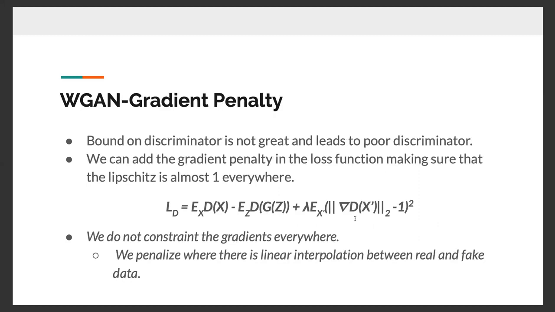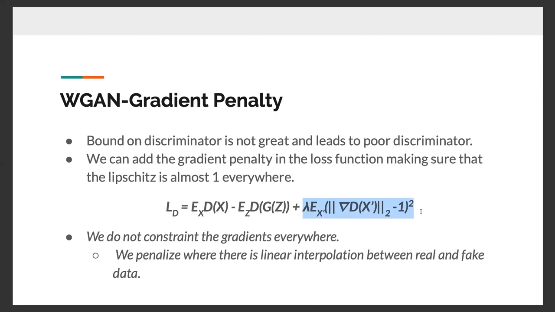And here comes the gradient penalty of the Wasserstein GAN. So rather than constraining the Lipschitz constant everywhere, we can just add a gradient penalty in the loss function L_D here to make sure that the Lipschitz constant is almost 1 everywhere by adding this term.